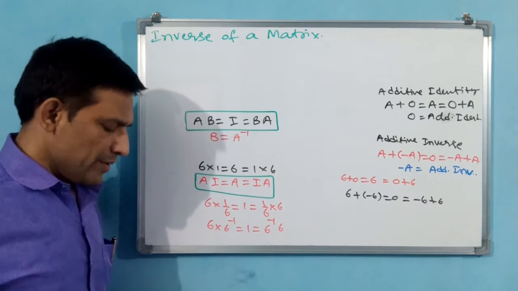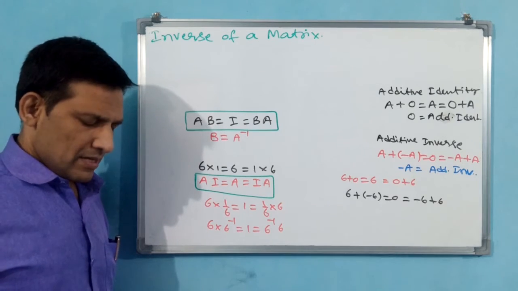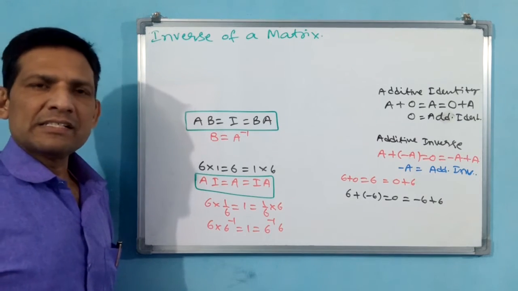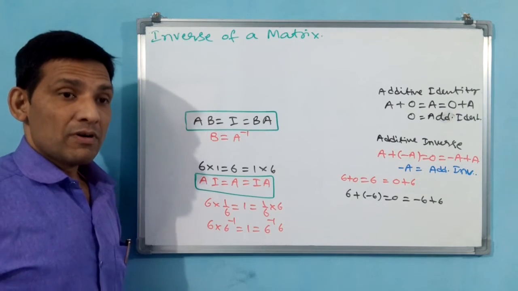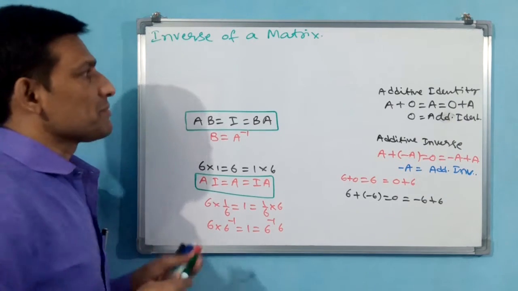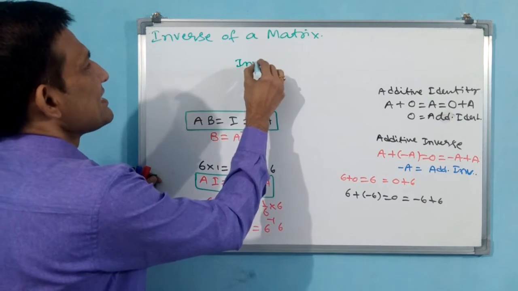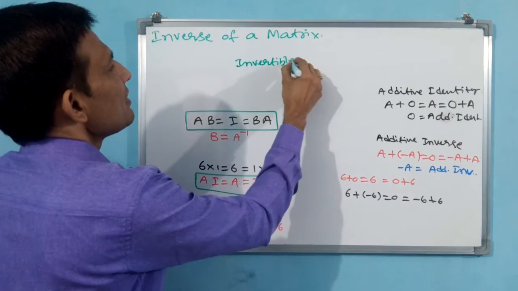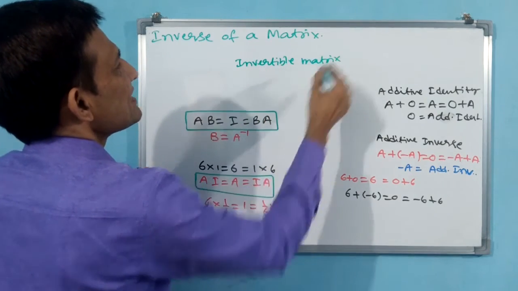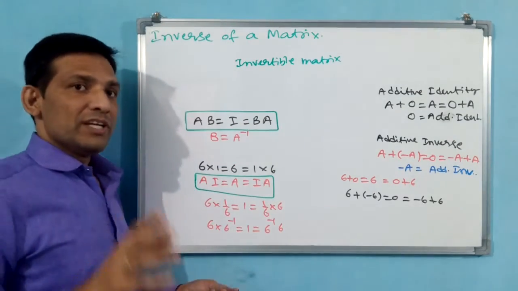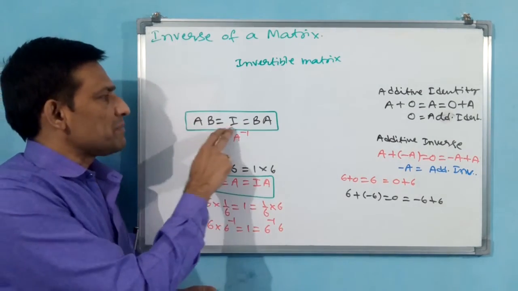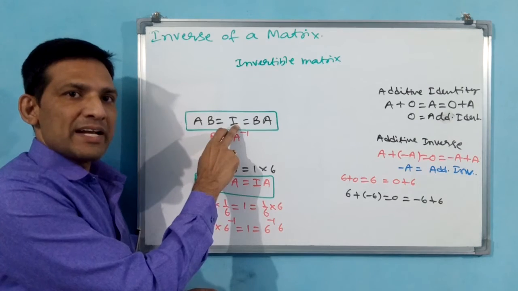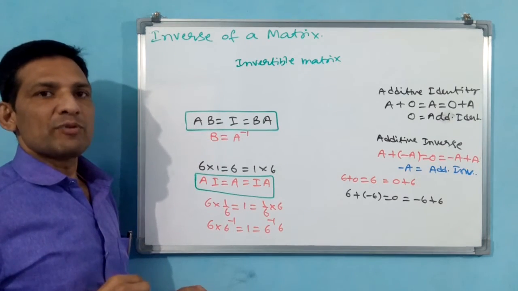Now you tell me, what are the conditions? Does every matrix have an inverse? No. The concept of an invertible matrix is there. Invertible matrix means, if the multiplication of two matrices gives the identity matrix, then only these two are invertible matrices.